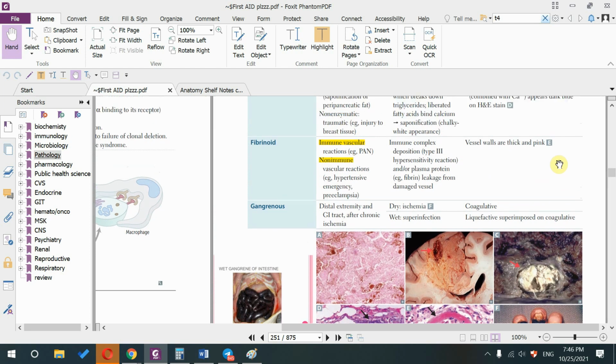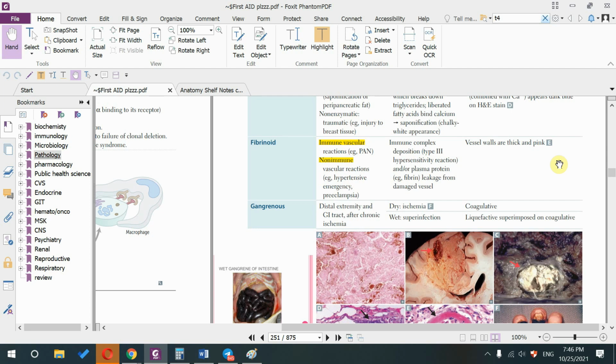Okay, so the next one, fibrinoid necrosis. It could be immune mediated or non-immune. For fibrinoid necrosis, the only immune situation you have to know is polyarteritis nodosa. And polyarteritis nodosa is a type of vasculitis, which is an inflammation of the what? Of the vessels.